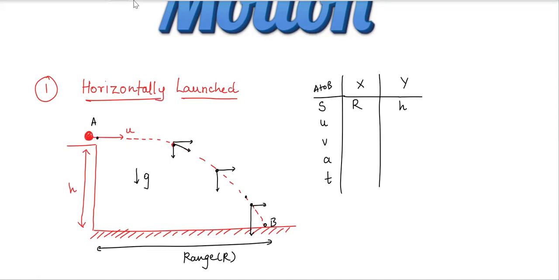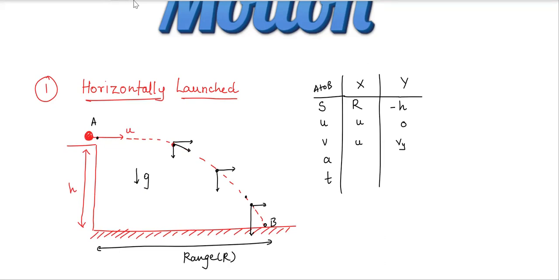Now in this case, the displacement is downward, so I can take this as negative. The initial speed in the X direction is U, while it is zero in the Y direction, because when it is launched horizontally, it only has a horizontal component and no vertical component of the initial velocity. With time, the final velocity in the X direction will remain the same, while the final velocity in the Y direction will change.